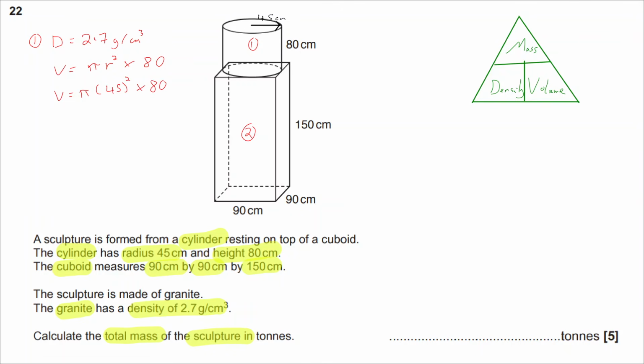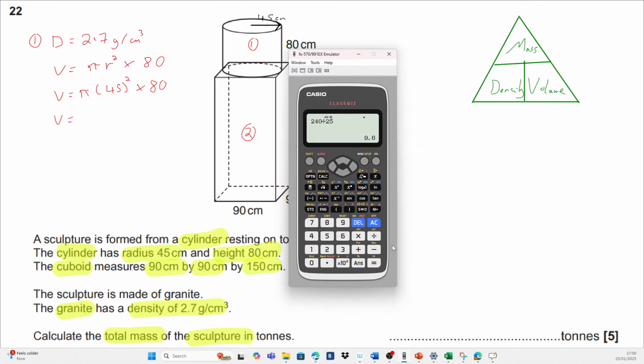So you could just put this into your calculator now. I will show you how I would type this in. So literally, calculator up here, I'm just going to type in shift pi times 45 squared. It's going to be a huge number, times by 80. There we go. We get this as a decimal, this pretty enormous number.